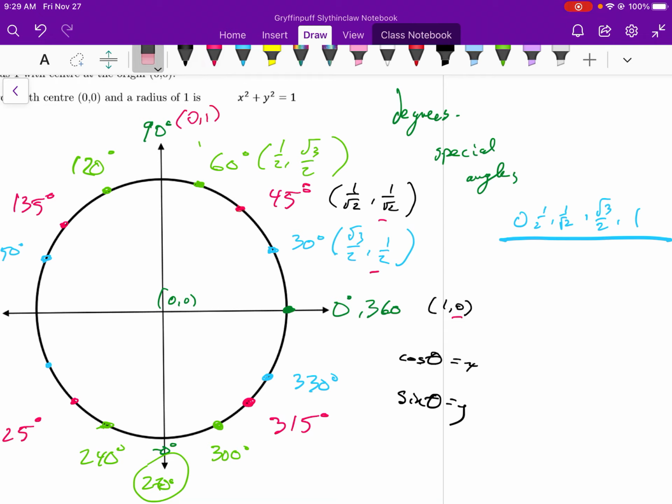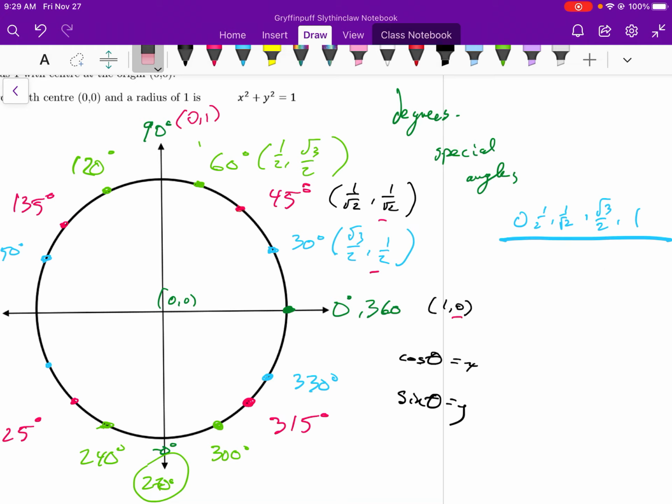So really, we start off with 0, 1/2, 1 over root 2, root 3 over 2, and 1. That is, I went in the direction of ascending order. And really, this is just about getting the order correct.